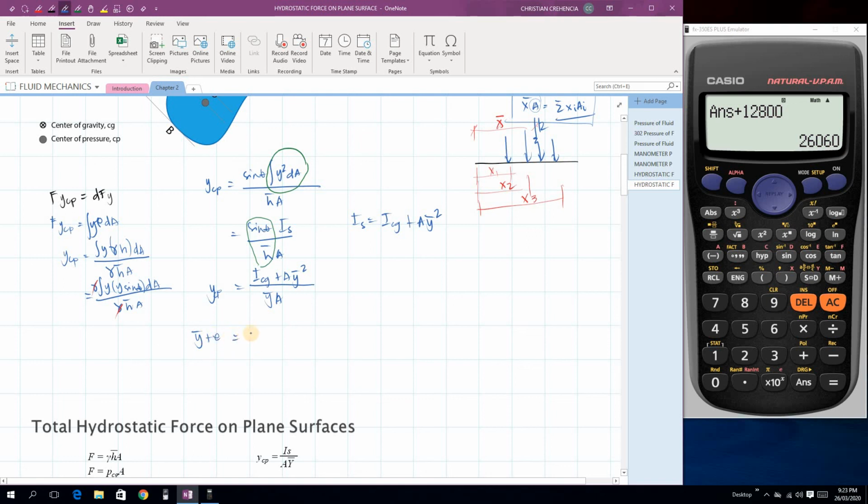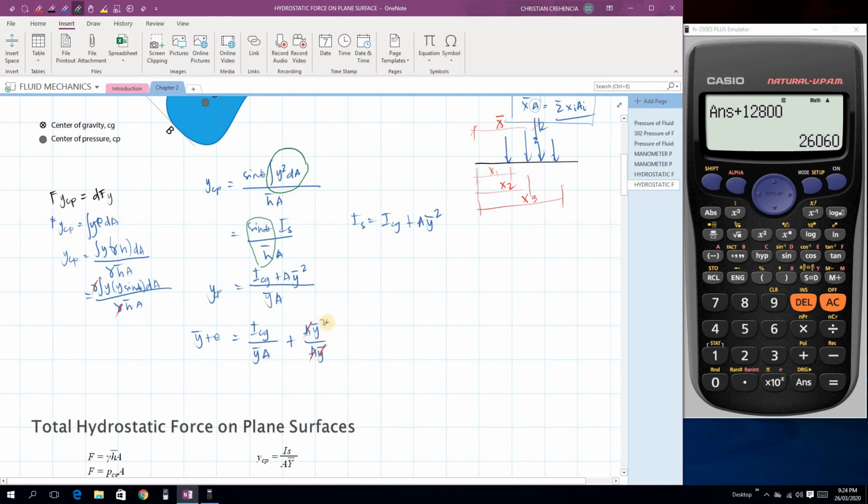Okay, so we equate here. Then this will be equal to, when we separate it, I, the moment of inertia about the center of gravity, over y bar times area, plus area times y bar squared over, let me invert this, area y bar. So we can cancel the area, and y bar squared over y bar is y bar.